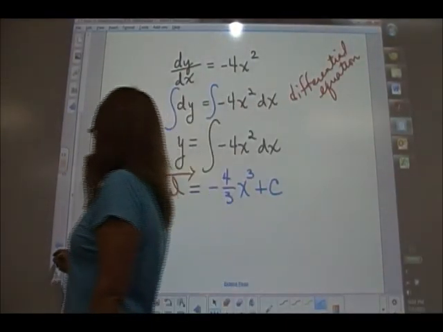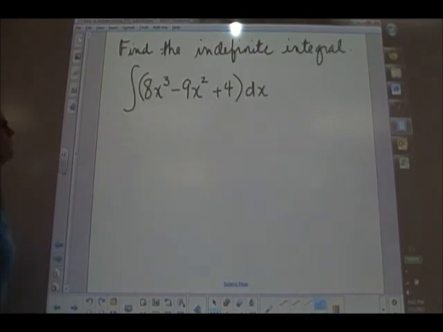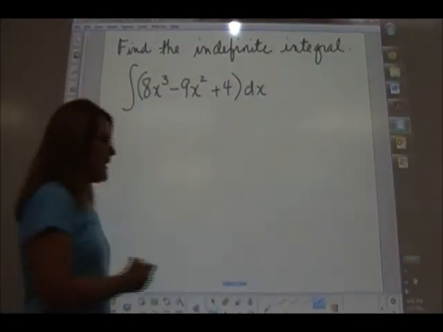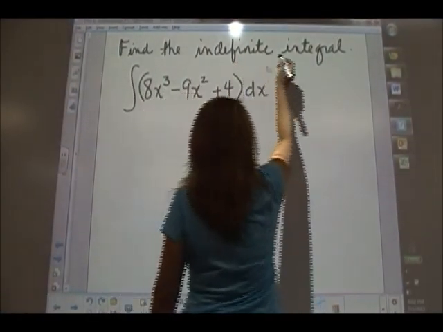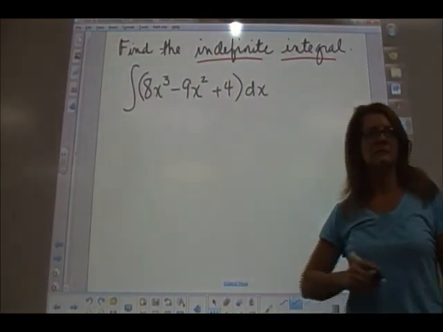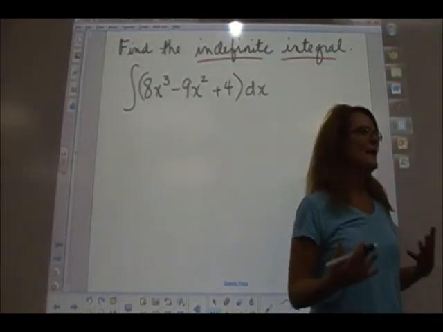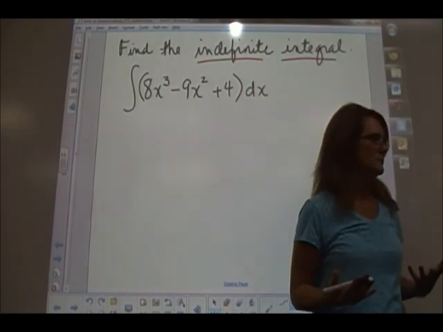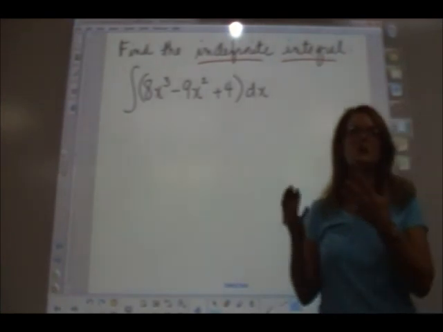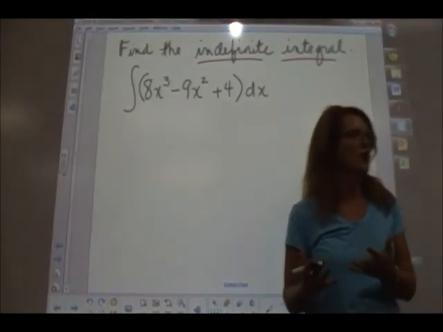So here we go. I want to find the indefinite integral. Now let's talk about that notation. You know what integral means. That just basically means let's find the antiderivative. Indefinite goes along with what William Clark was talking about earlier.